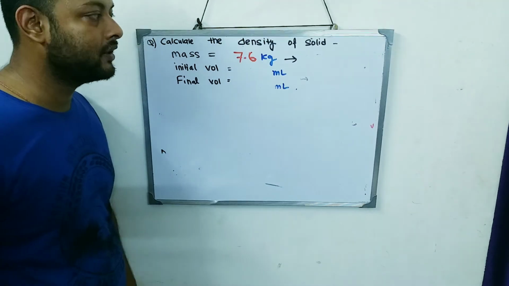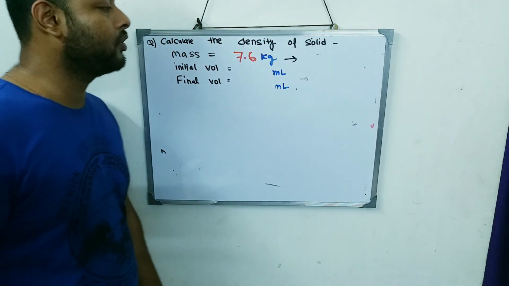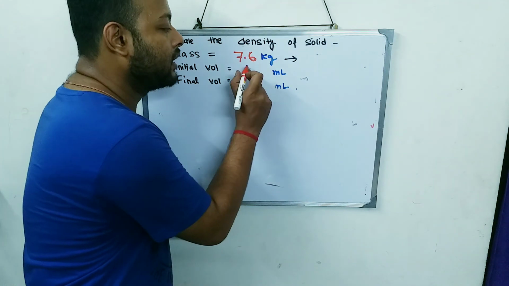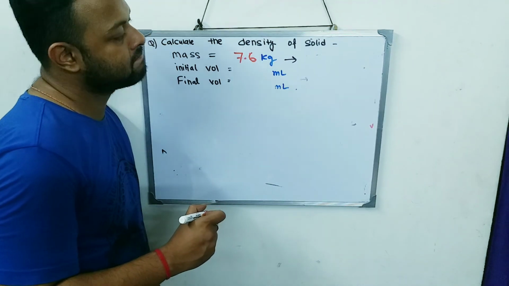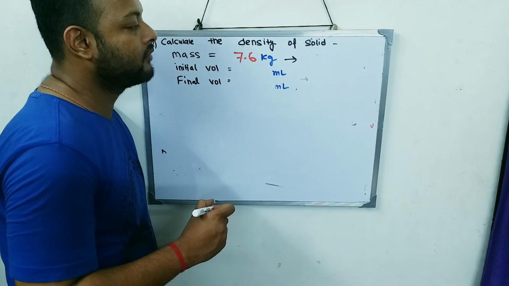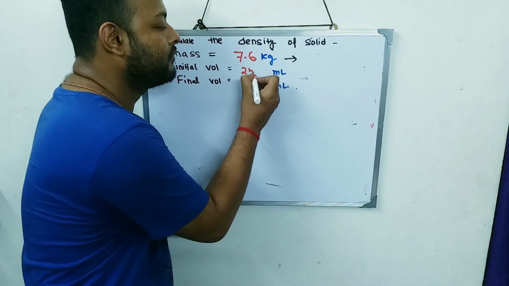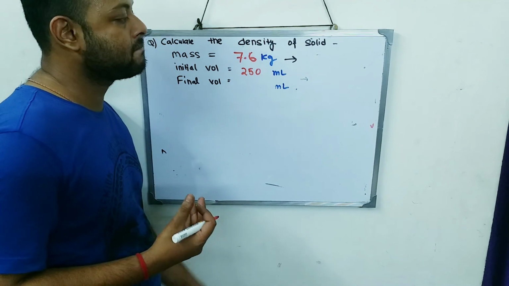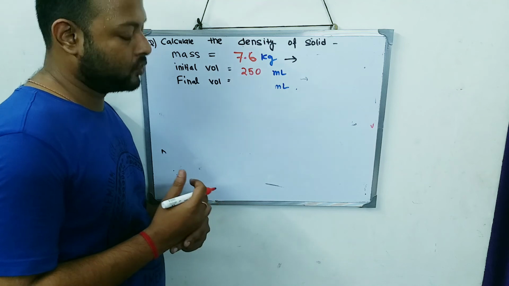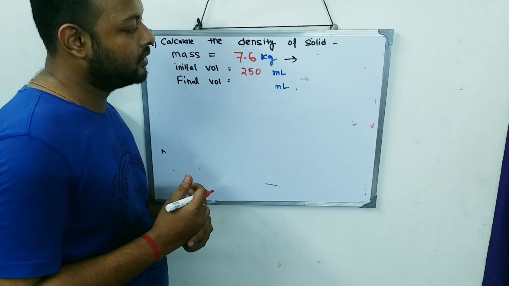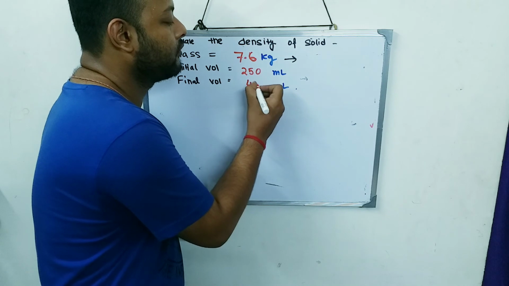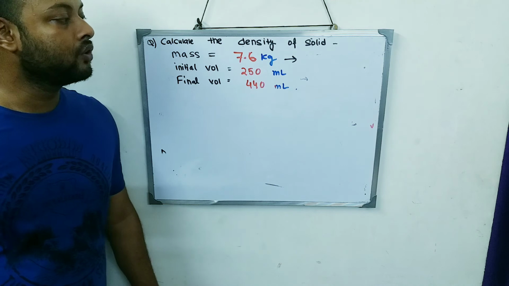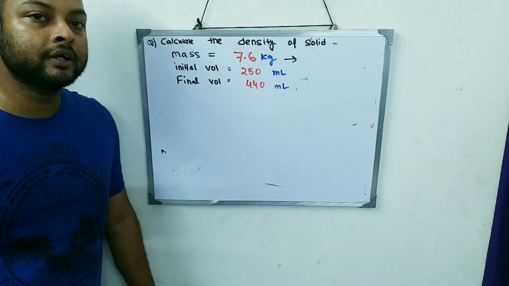Initial volume of water, let's take a value like 250 ml, and final volume of water, say 440 ml. So you do this sum and get me the answer.